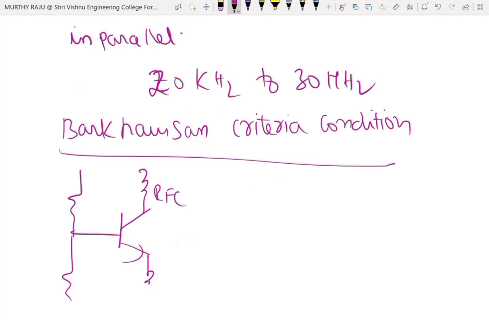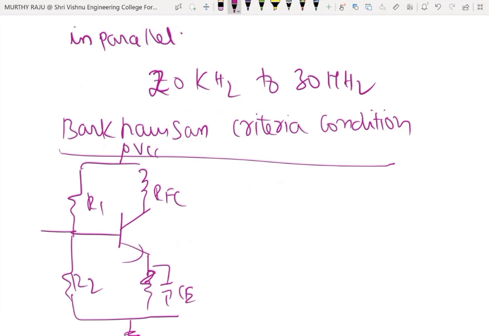This one is a resistor across CE connected to ground. This one is R1 and R2. This is VCC. This is VI. These are the coupling capacitors. CB is the base coupling capacitor. This one is the CC collector coupling capacitor, V0.